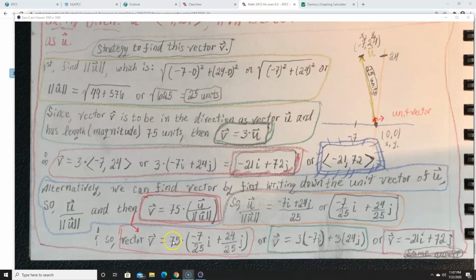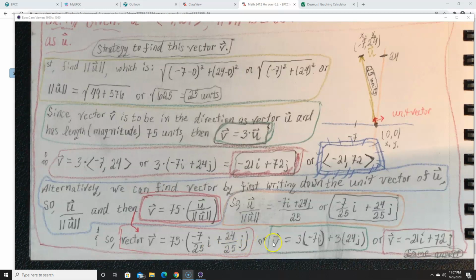And of course, now you'll see the similarity to this other way we did. 75 times negative 7 over 25, you can divide this first. 75 divided by 25 is 3.